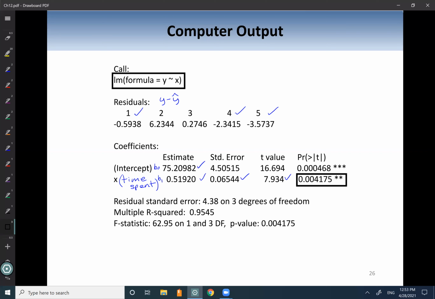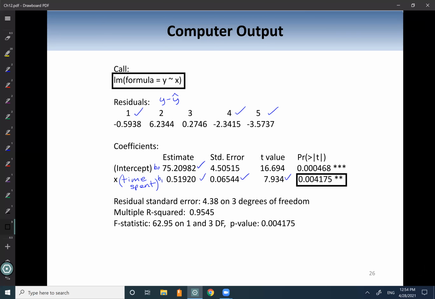So this is good. This is what we want to find. We want to reject the null hypothesis that it is equal to 0, and accept that it is different than 0. And then we can conclude that the predictor variable time spent is significant in predicting online sales. So that's what those stars are. The more stars, the better. So we have 2 there.